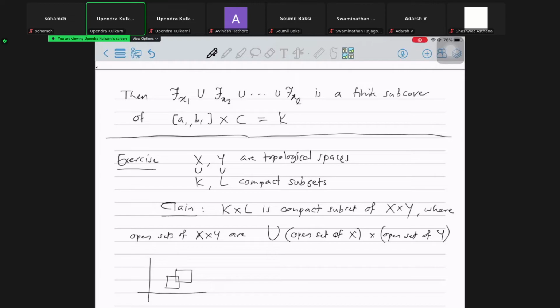Do you see this? It's not a Cartesian product of two sets, because, for example, this is not a Cartesian product.